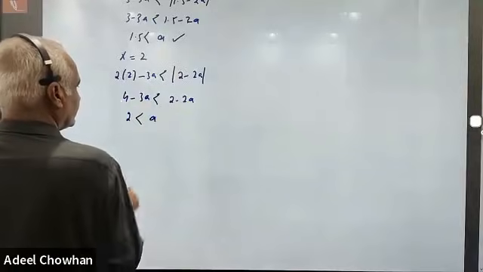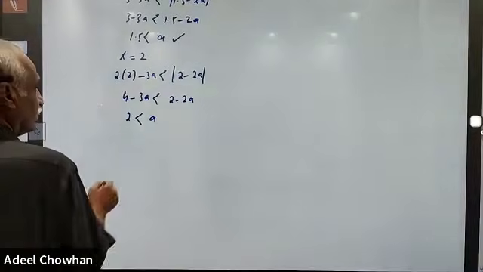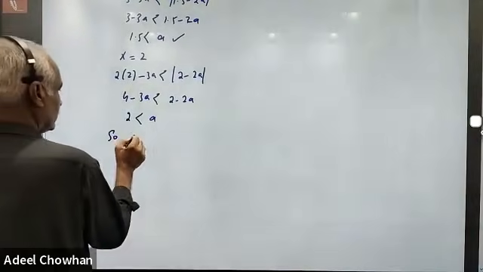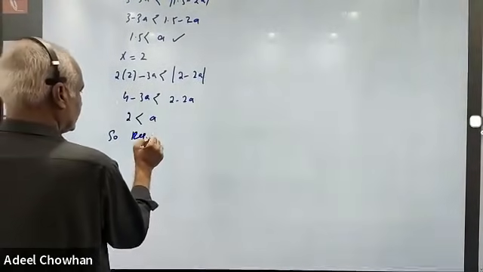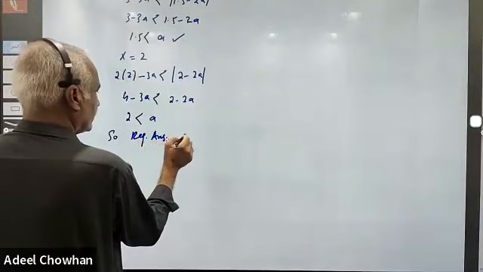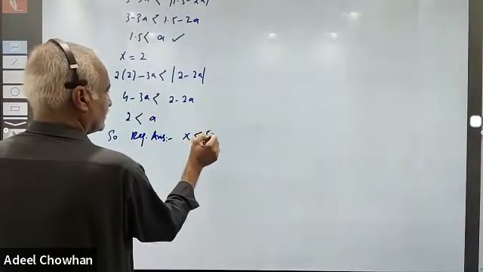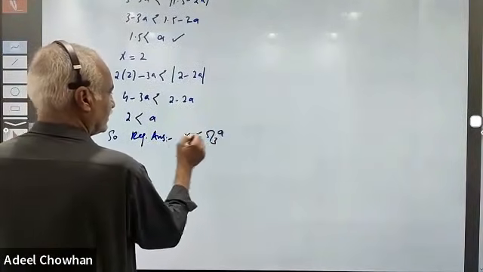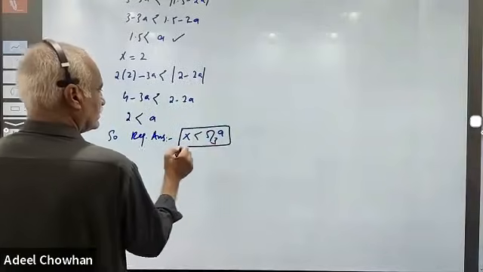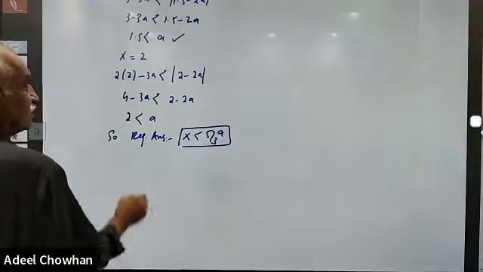So a is greater than 2, which is not true. So the required answer of this inequality is x less than 5 by 3 a, because it is true for this value of a.